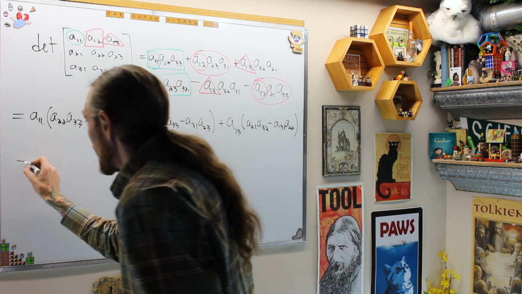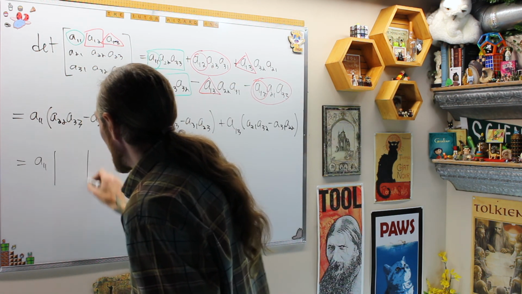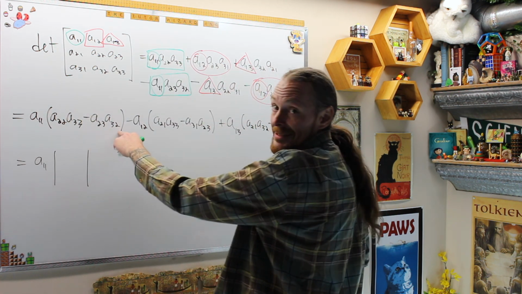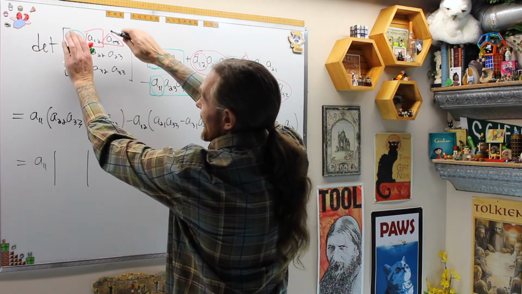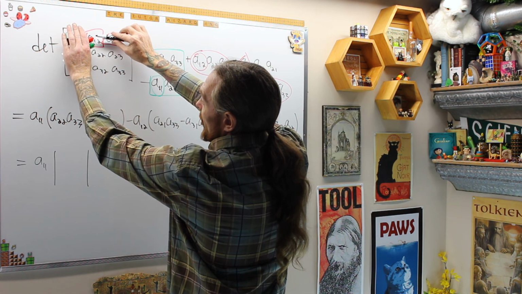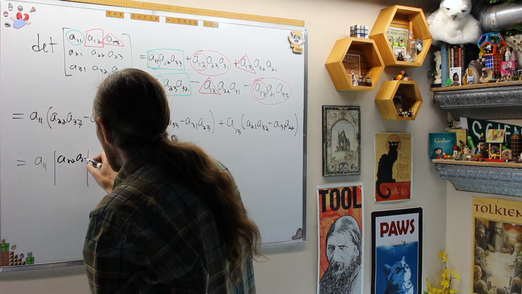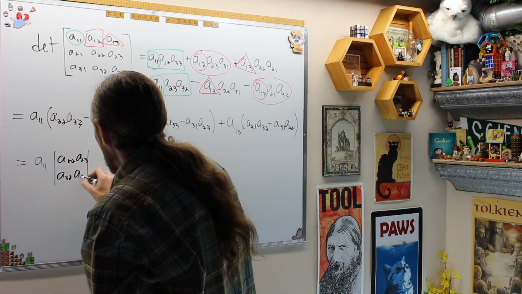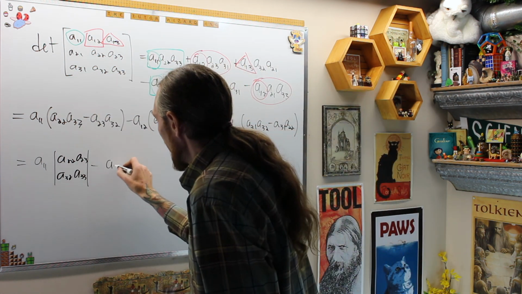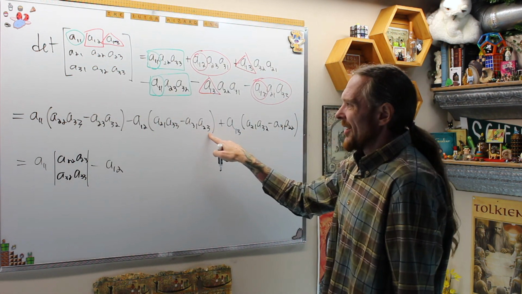This is equal to A11 times a 2x2 determinant, AD minus BC. And who is that? It's this 2x2 determinant he notices: A22, A23, A32, A33, minus A12 times this guy. Who is that?